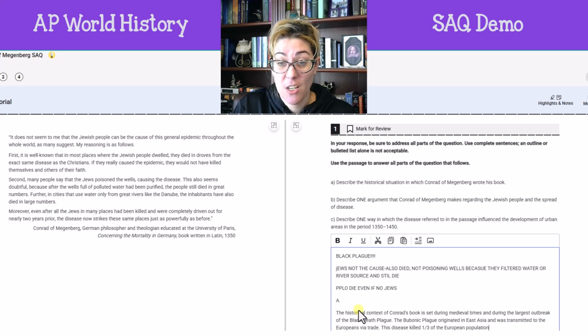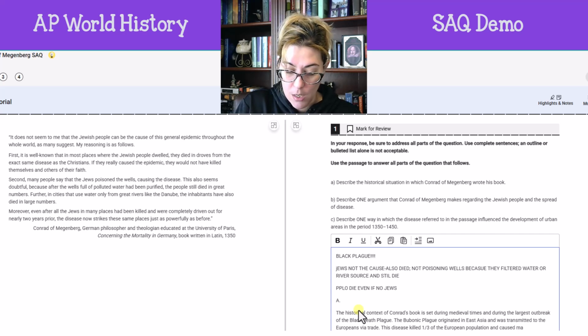I can't use my ace on this because it's just describing a historical situation. But I got details in here. 1/3 of the European population and caused, because he's writing this book about the Jews, how do I relate it to what he's talking about with Jewish people?